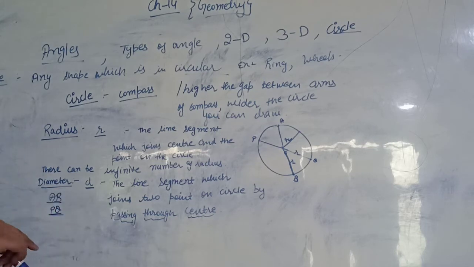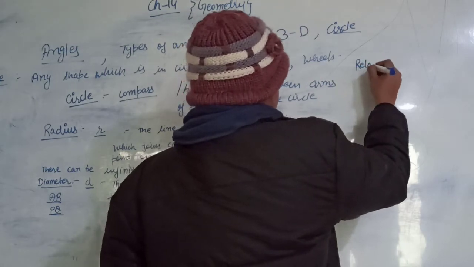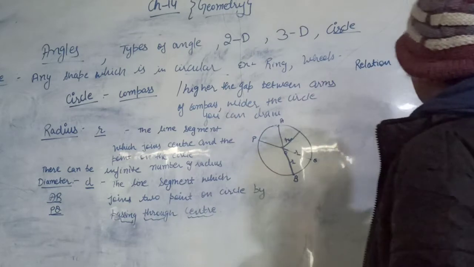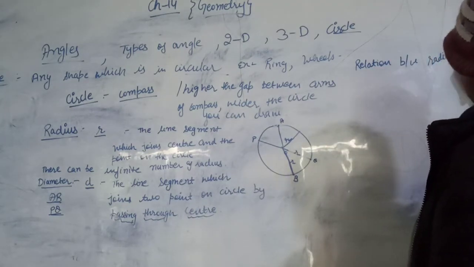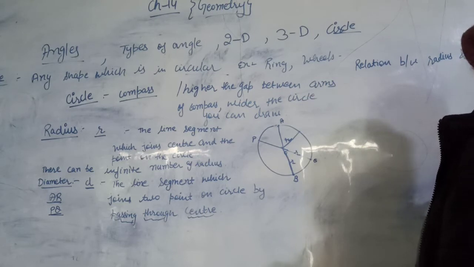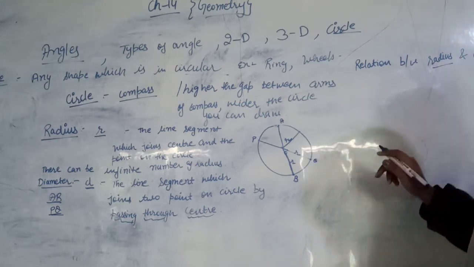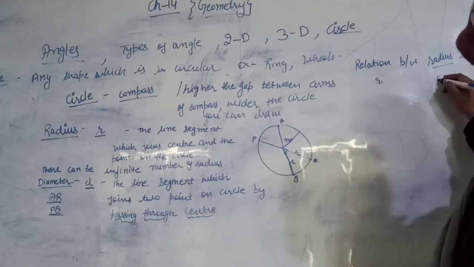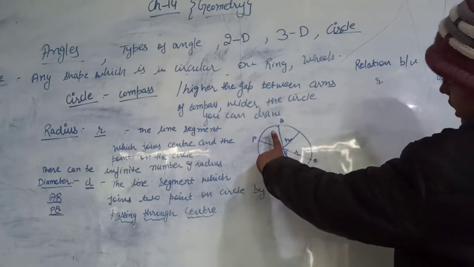Now we will discuss the relation between radius and diameter. What is the relation between these? See, radius is represented by R, diameter is represented by D. We will take one diameter AB.